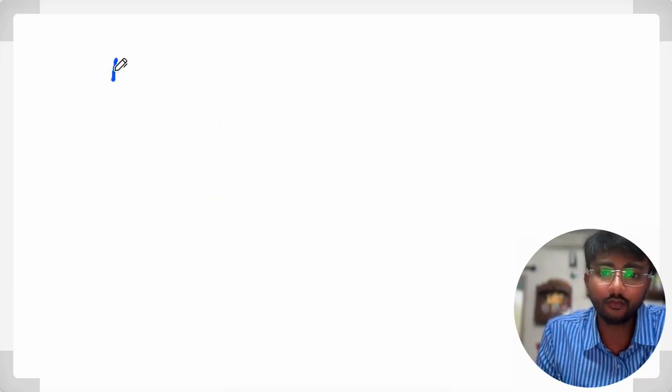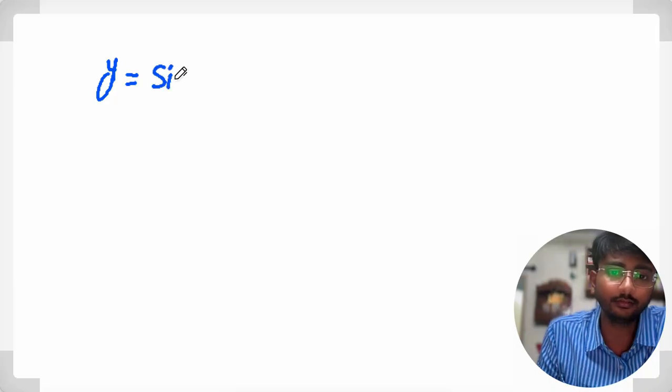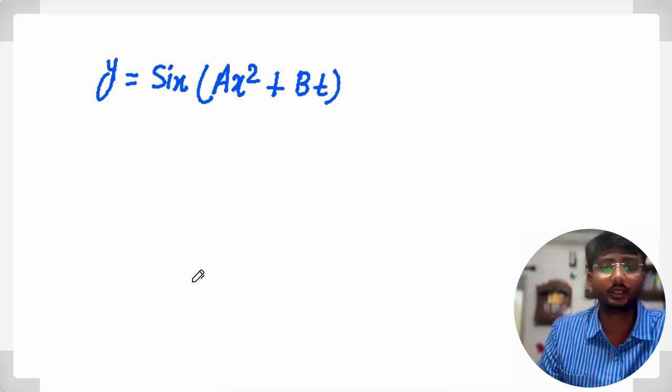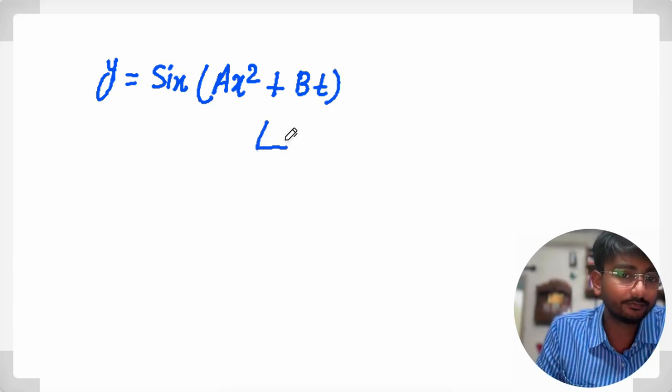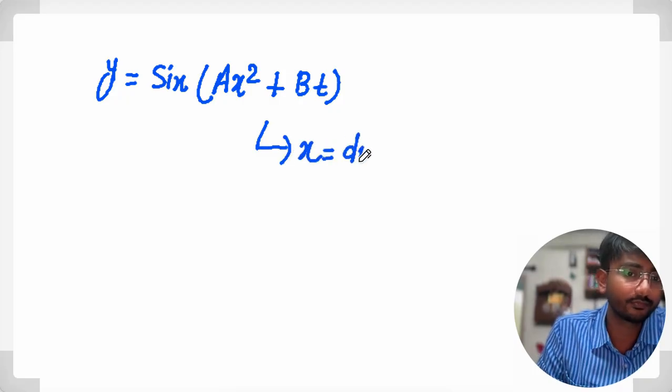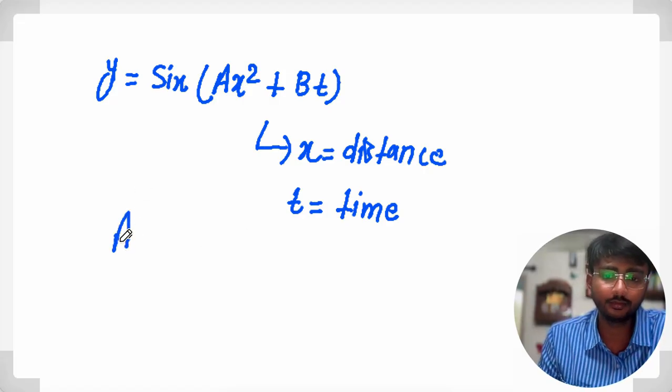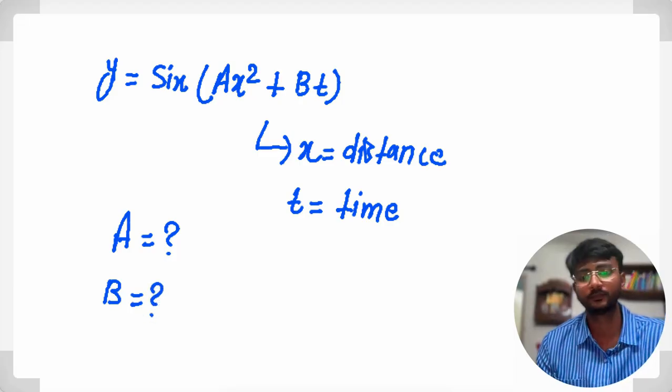If we have y equal to sine of a x square plus b t, right? Here x is distance and t is time, and we have to calculate the dimension of a equal to what and the dimension of b equal to what.